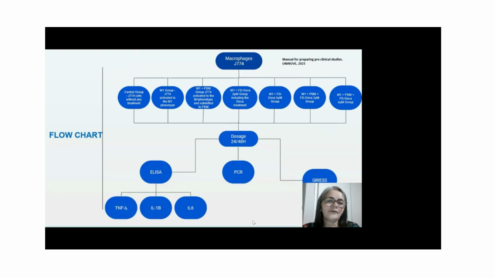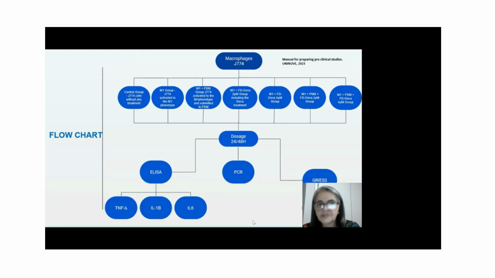The PBM groups will be irradiated with a laser, and FD-DEXA at 2 micromole and 4 micromole will be added to the corresponding groups.